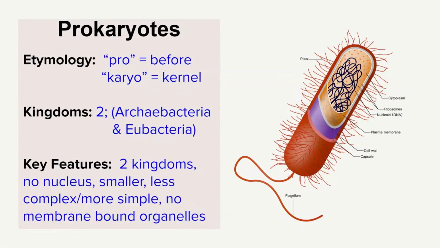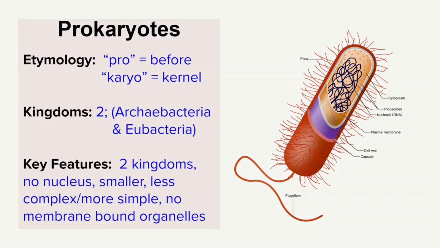And so really what we're talking about is the units that are ancient that we think came before, which is why again pro means before, and why we call it prokaryote. Now, prokaryotes, these are made up of only our bacteria kingdoms. So there's only two kingdoms of that, archaebacteria and eubacteria.